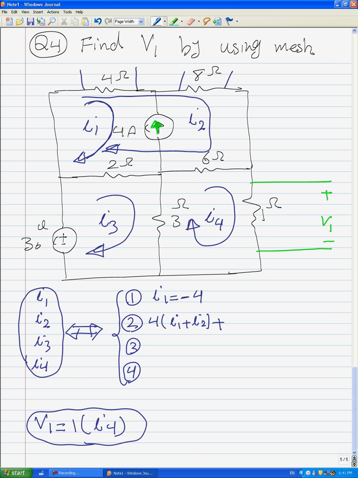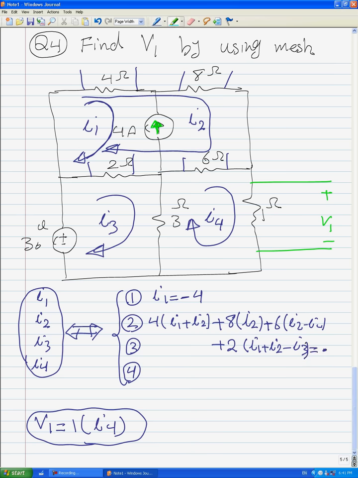This voltage again is 8 times only I2, because we don't have any I1 here. And this voltage is 6 times (I2 minus I4), plus this voltage. This voltage should be 2 times (I1 plus I2 minus I3), is equal to 0.